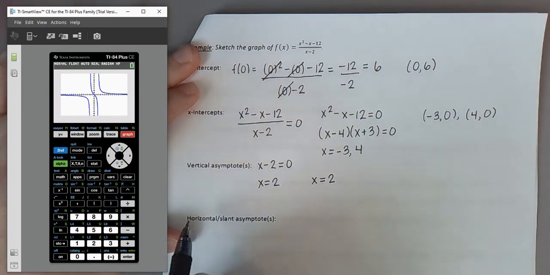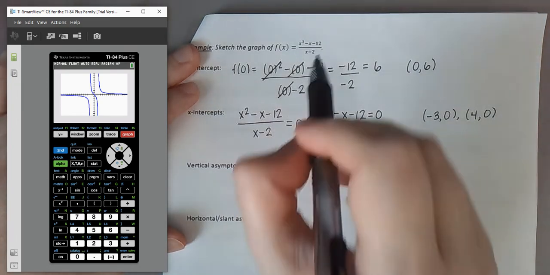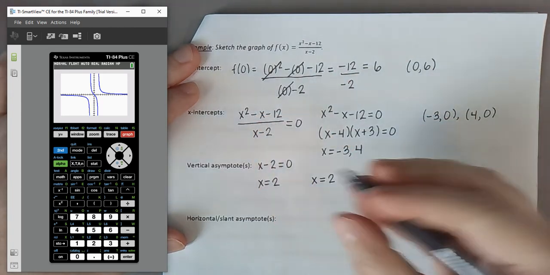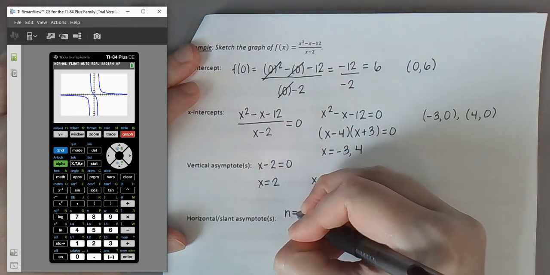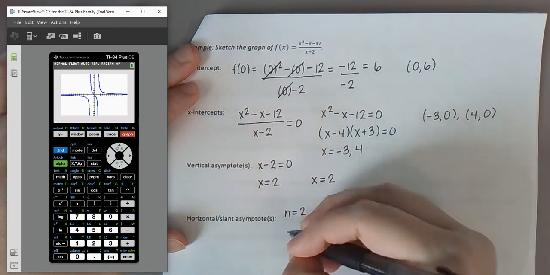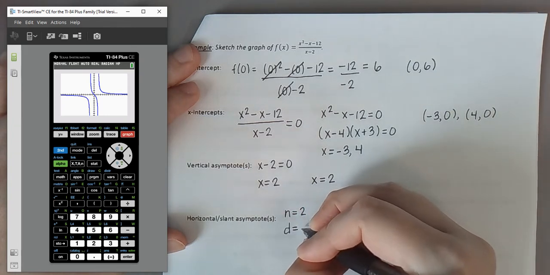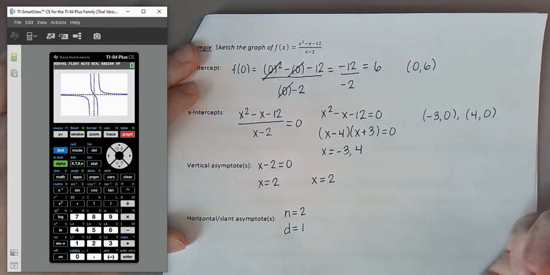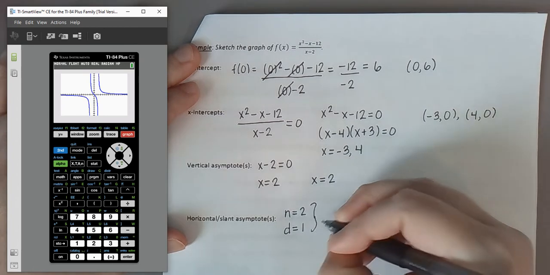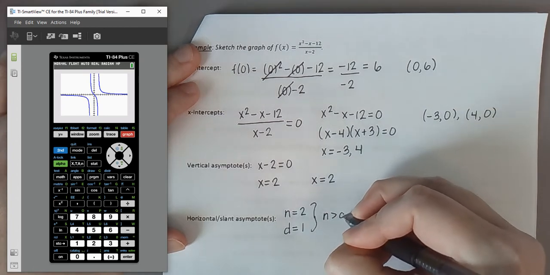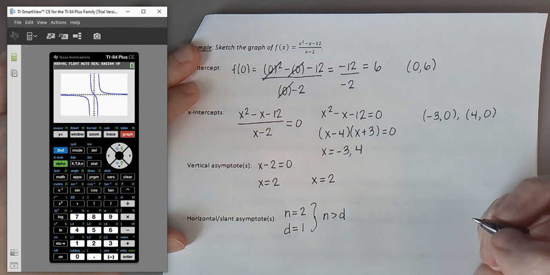And then what about horizontal or slanted? So we're comparing the numerator and the denominator. The numerator is quadratic, so its degree is 2. And then the denominator is linear, so its degree is 1. So in this case, n is greater than d. So automatically that means we do not have a horizontal asymptote.